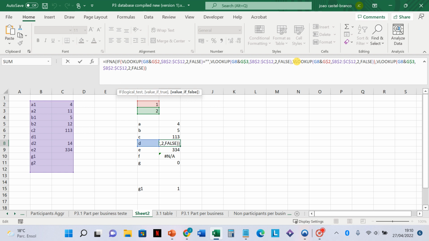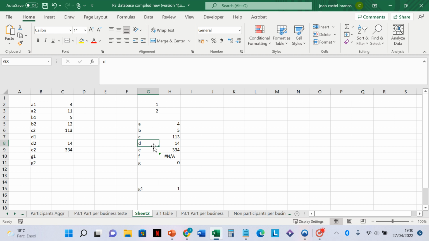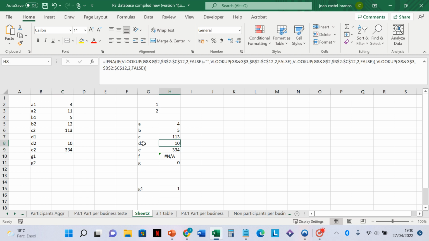If it's not blank, please take the first month, G1, G2, which is the one, and it works. So it tries to find the D1 first. D1 exists, so it reads, but it's blank. So it takes the second one, like it's here. So if I change here, it will change there. That's the way I want to go.